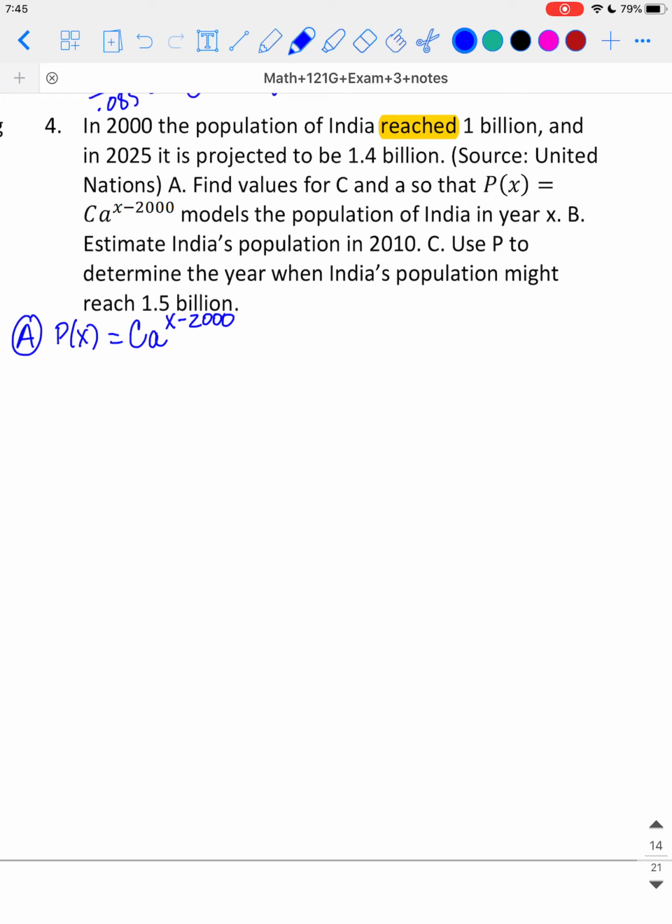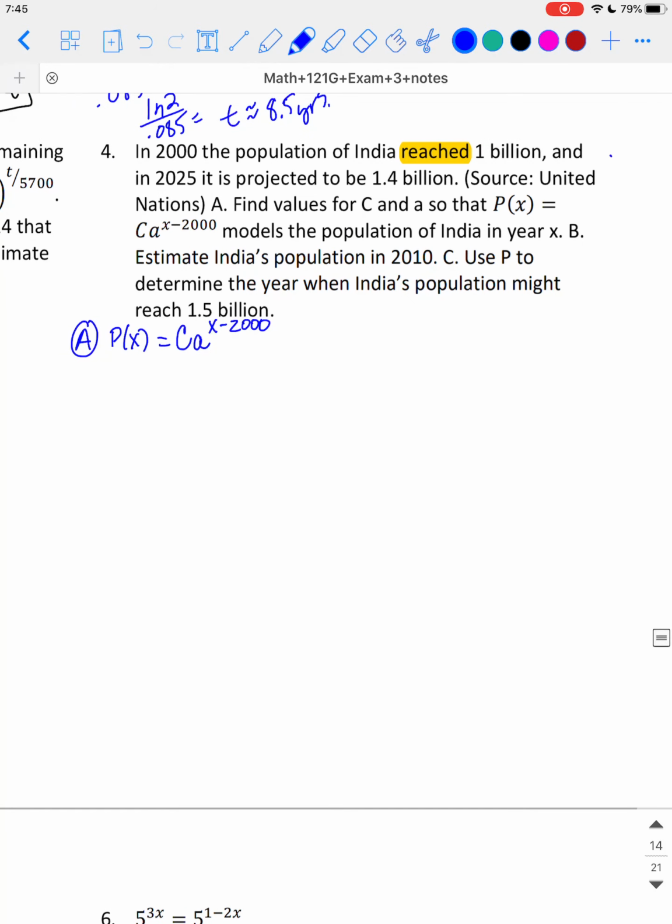So we need to find our base, and we need to find our value of C. A nice little trick here: it'd be nice if we could notice that we have X and P of X, and we actually have two values here. When X is 2000, it's 1 billion. And for 2025, it's going to be 1.4 billion. It's projected to be anyway.